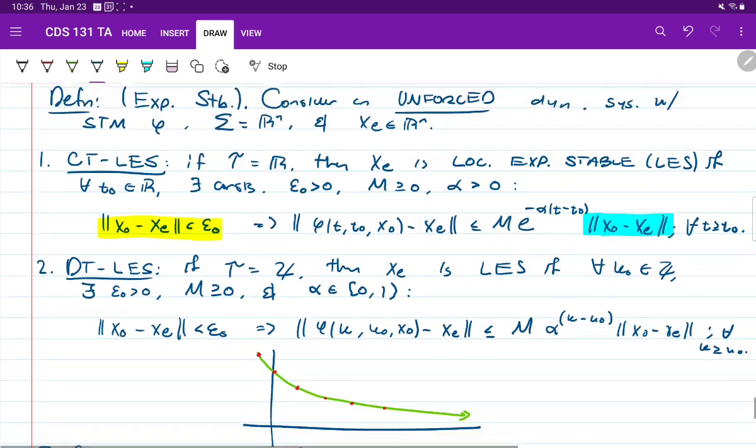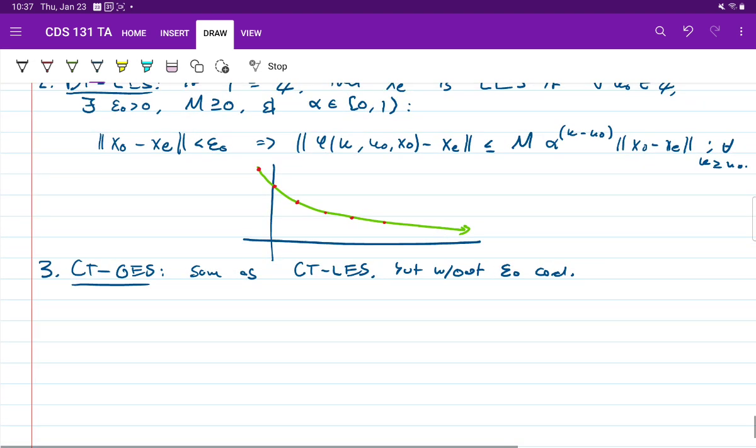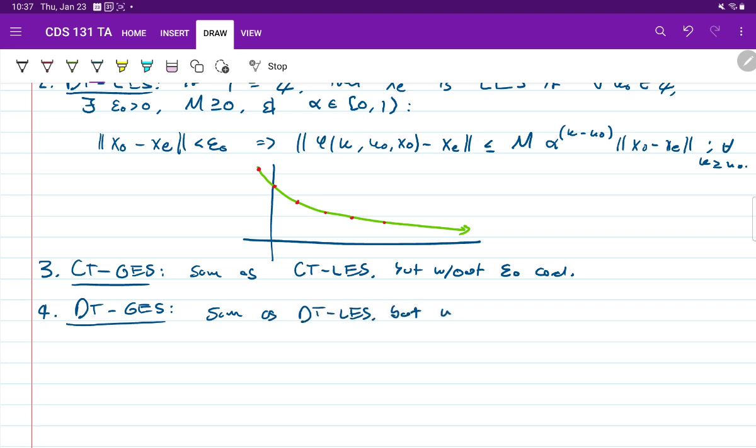If instead we just say that this bound over here holds for all initial conditions and for all initial times, then we have global exponential stability. It's the same as local to global asymptotic stability, where we just delete the condition that the initial condition needs to be near xe. Now for discrete time we have the same thing. Discrete time global exponential stability is the same as discrete time local exponential stability, but also without this extra epsilon naught condition. Okay, fantastic.